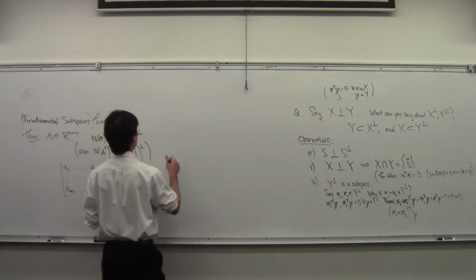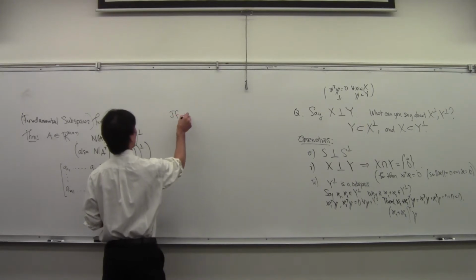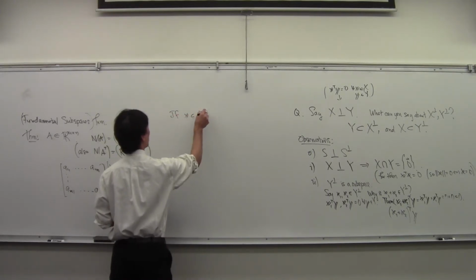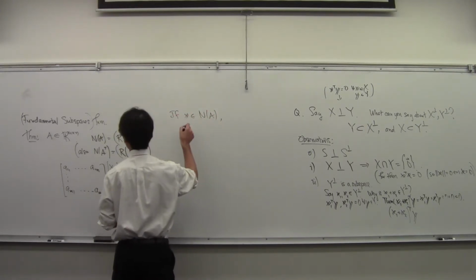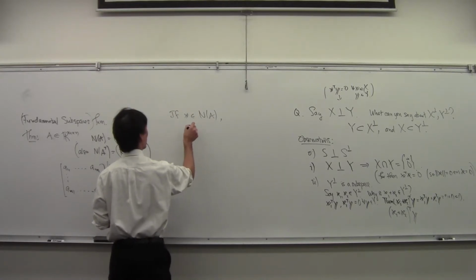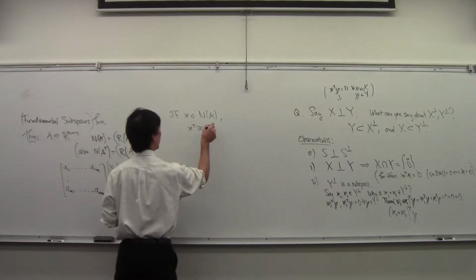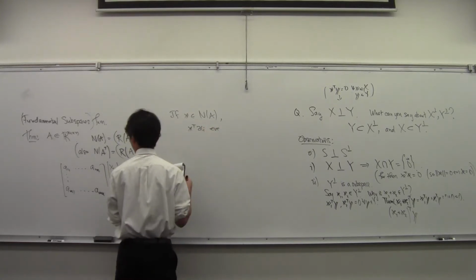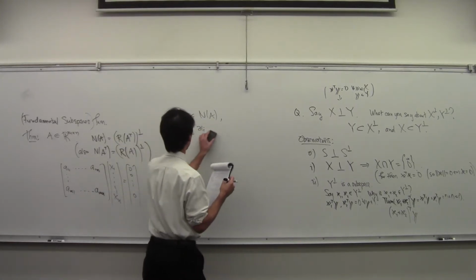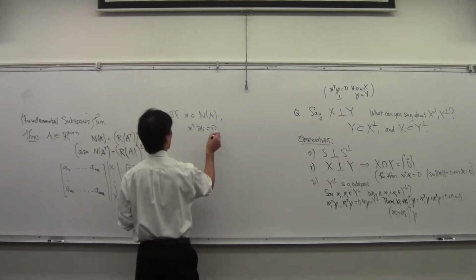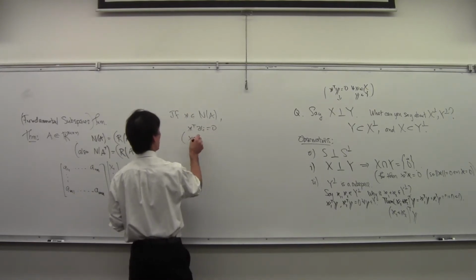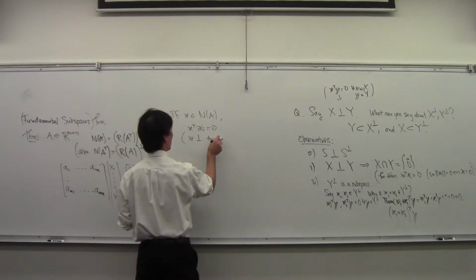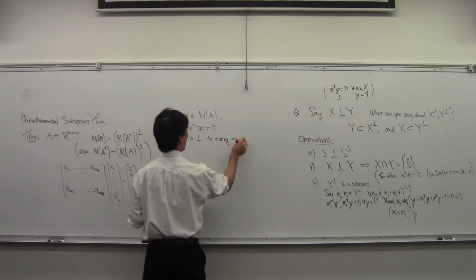So what you see is that if x is in the null space of A, x is perpendicular to every row of A.